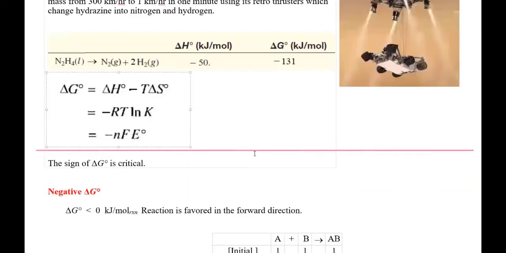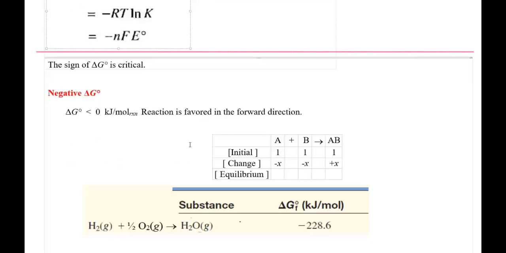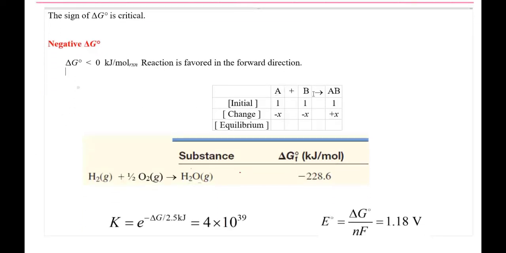Let's deal with delta G. Gibbs available, Gibbs free energy. First of all, the sign is critical. Delta G negative, less than zero when it's negative. This means that the reaction is favored in forward direction. So here we've got the reaction I had before. A plus B becomes AB.